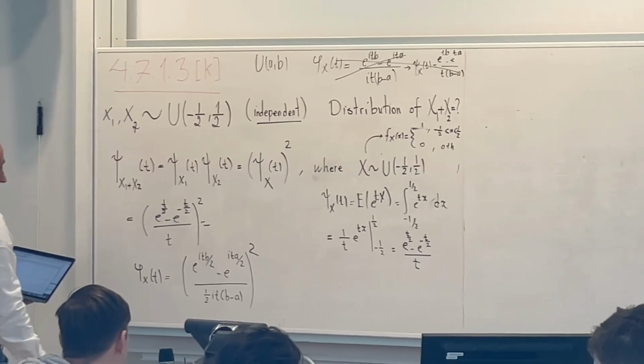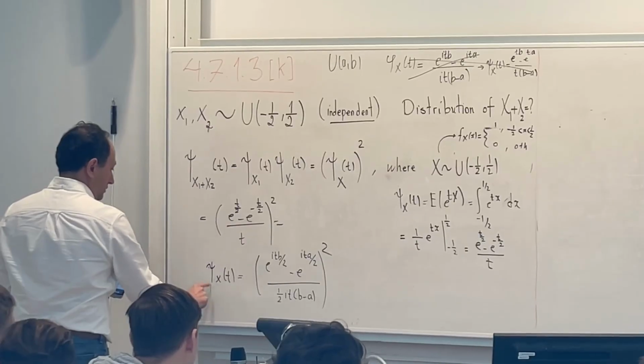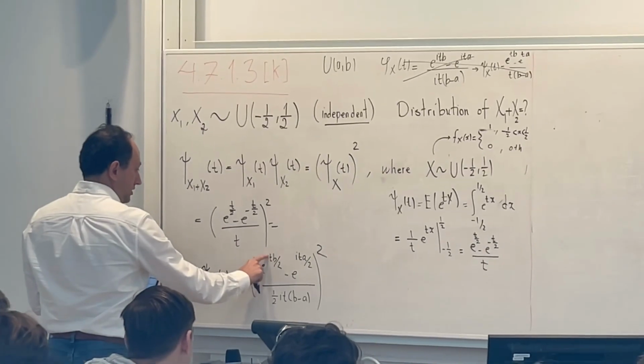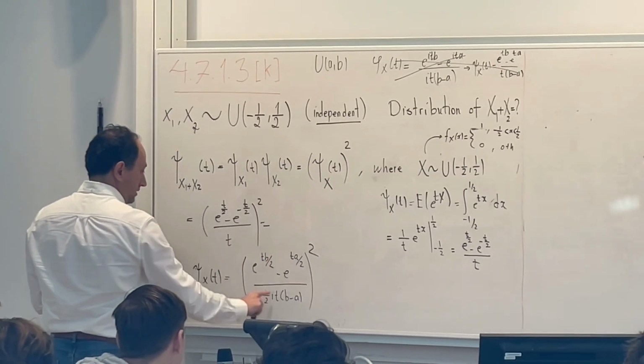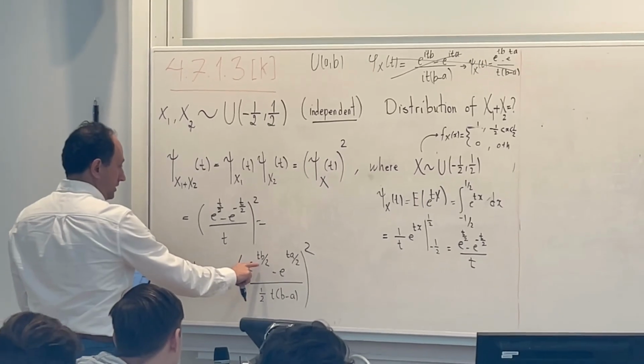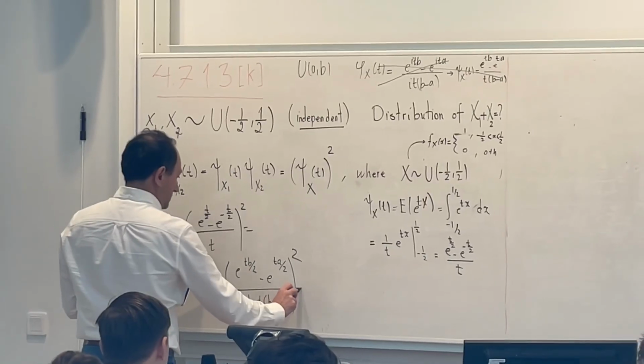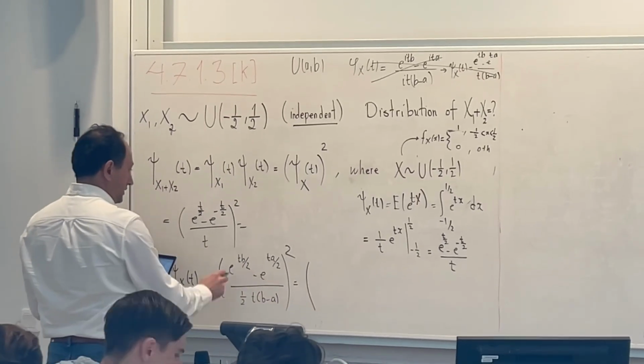Okay? So, if I want to go to psi now, I have to change it to t. And now I put my numbers here. So this is 1/2. Okay, so we have to fix it somehow.